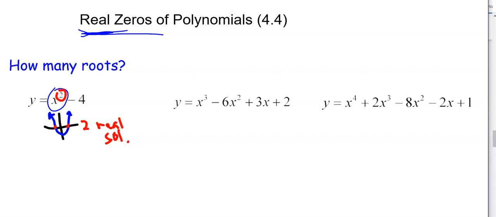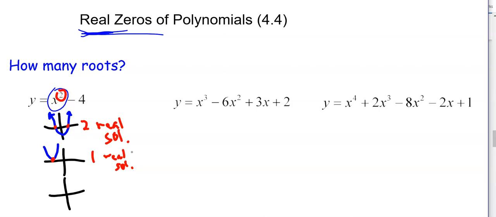Now, they're not always going to be real solutions. There are a couple other possibilities. One possibility is maybe the graph touches only in one point. Technically, even that we say one real solution, but technically it's a double root. It's the same solution twice.